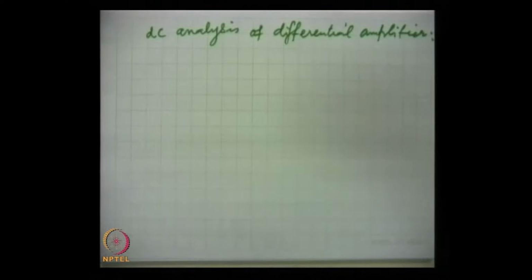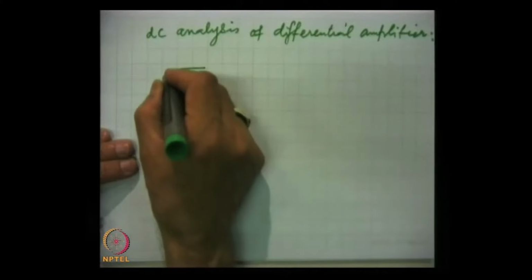In the differential amplifier, in the DC analysis, the AC sources have to be grounded. So, this is the actual situation.